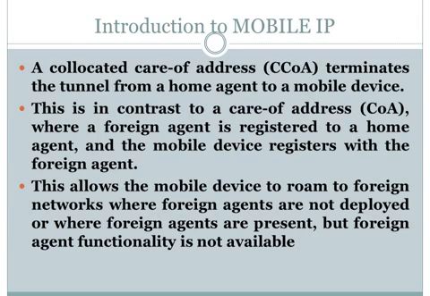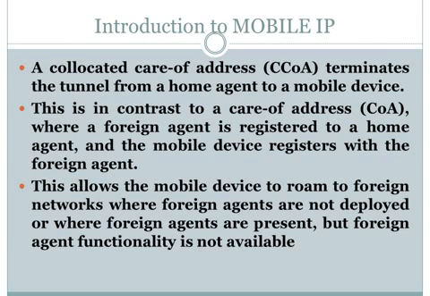So obviously we discussed what is the care of address, but then we have another thing called co-located care of address. The co-located care of address is nothing but the address that is given by the home agent itself, I told you, using DHCP.